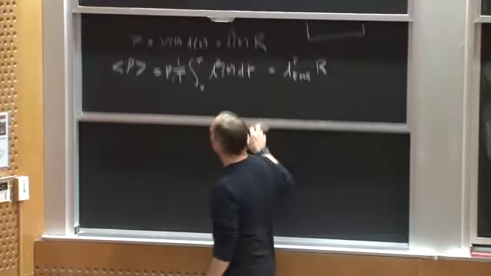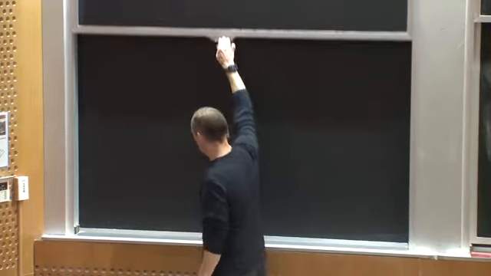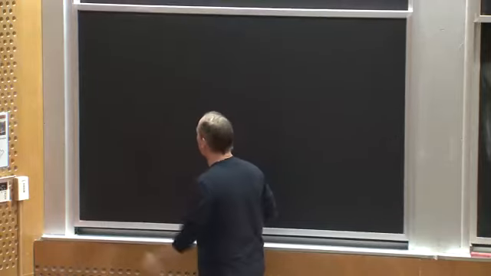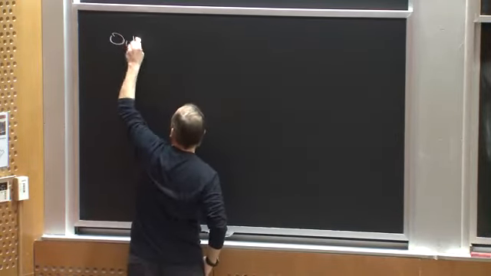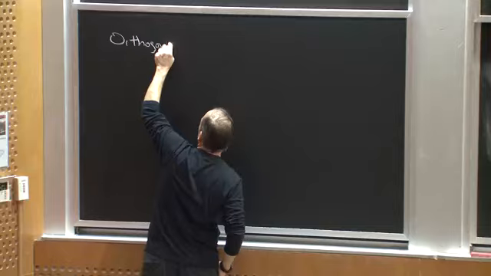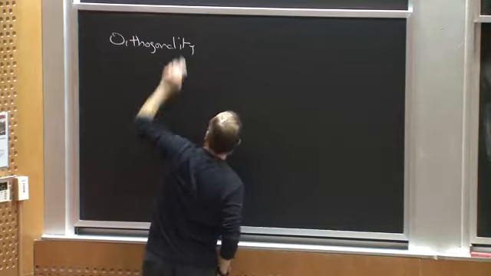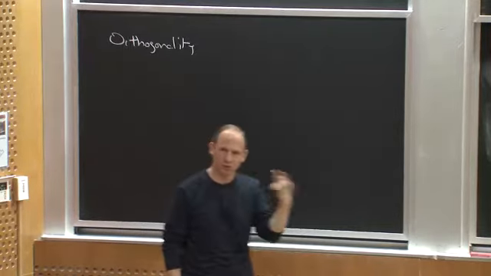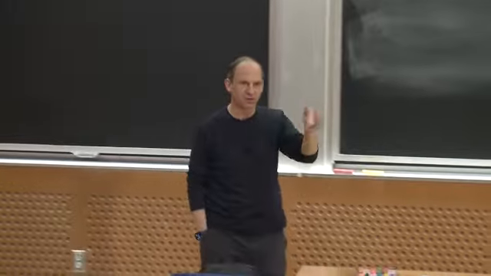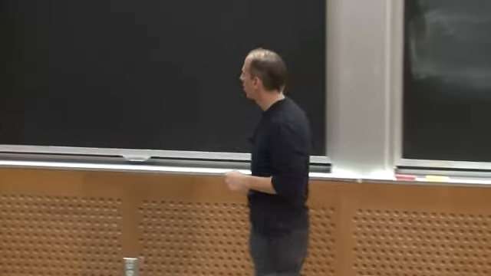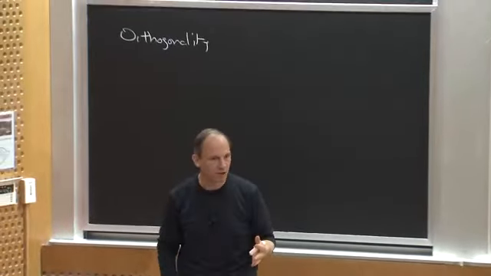The second thing I'd like to remind you of is the notion of orthogonality. Now, I think it's particularly obvious what orthogonality means when you have a pair of vectors, that they're perpendicular in some sense. But what does it mean for continuous time waveforms?